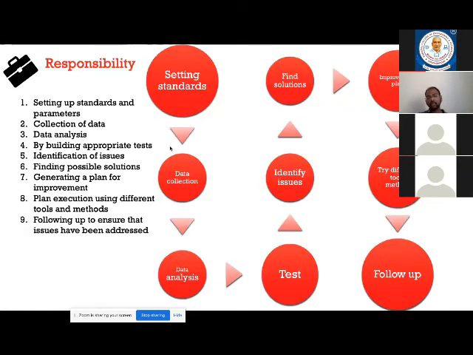What kind of responsibilities does a quality engineer have? He has to set up standards, certain parameters, saying I want my code to perform in such a way. Once my product code has been checked in, it has to be reviewed by at least two people in a peer review. Once that is done, I should run X number of unit test cases. Once the unit test cases have passed, it should run X number of integration test cases.